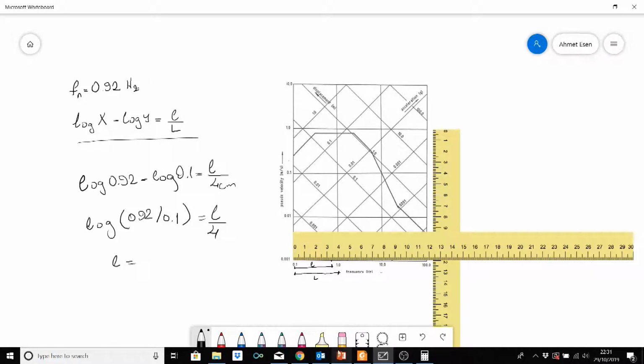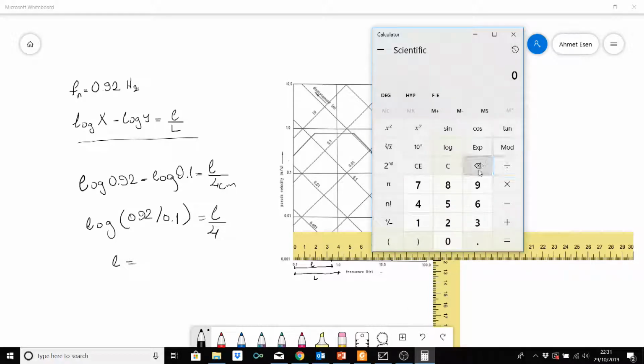Let's do it in here. It works like this, guys: 4 times log of 0.92 over 0.1, in parentheses, and this value is equal to 3.85.